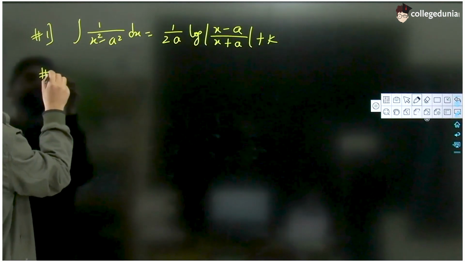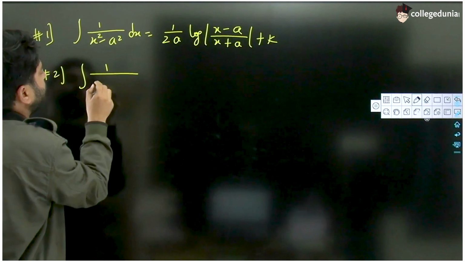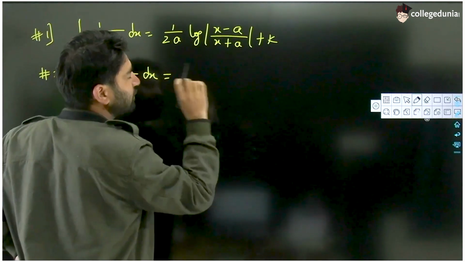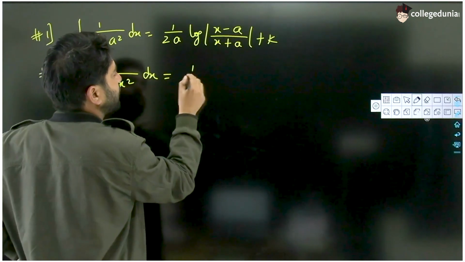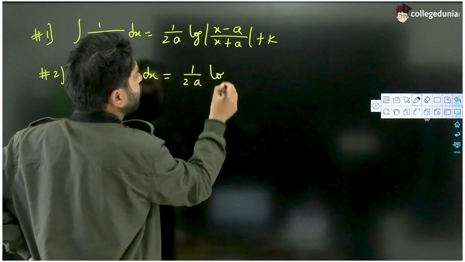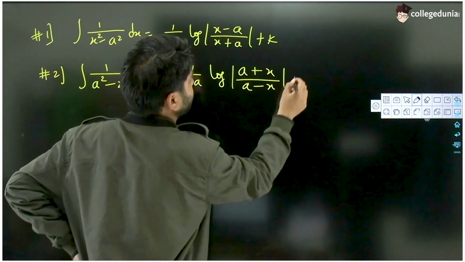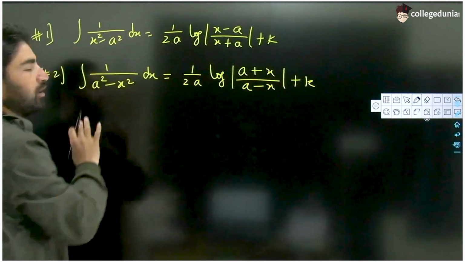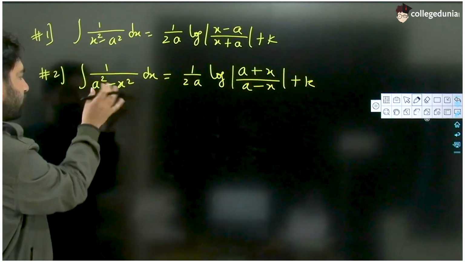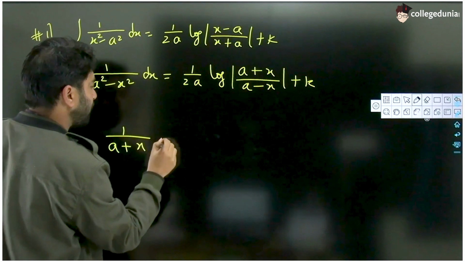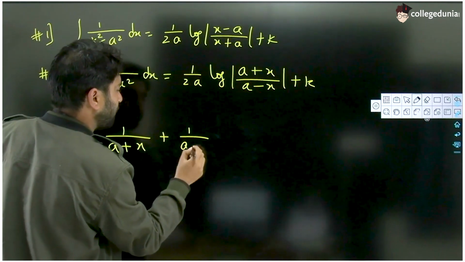But suppose we have constant square minus variable square, then the formula will change a little bit. It will be 1 upon 2a log of a plus x upon a minus x. The derivation of both these formulas is the same. In this situation, we will be adding 1 by a plus x and 1 by a minus x.